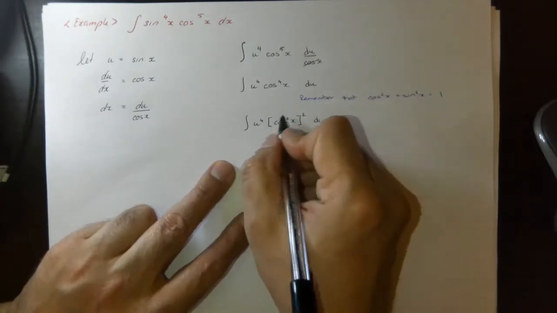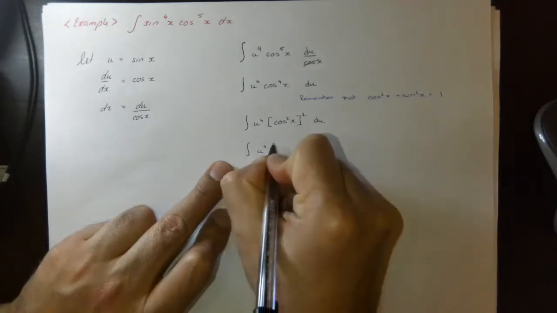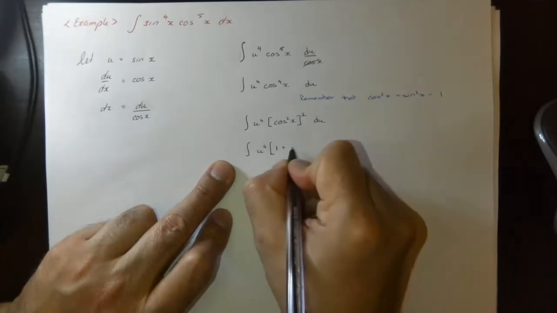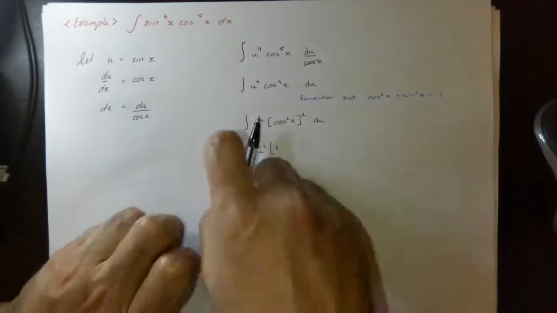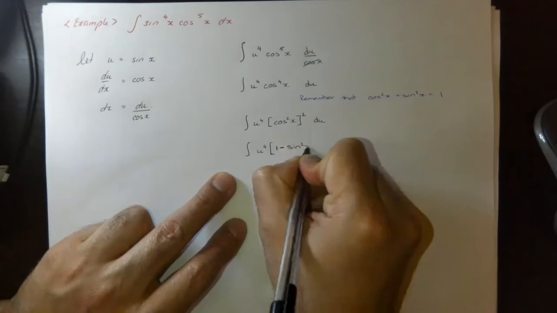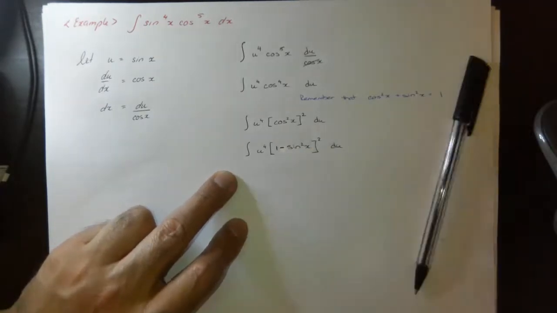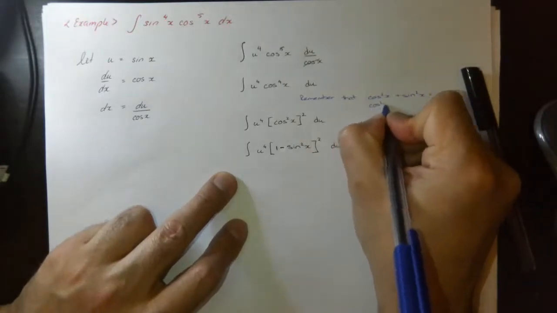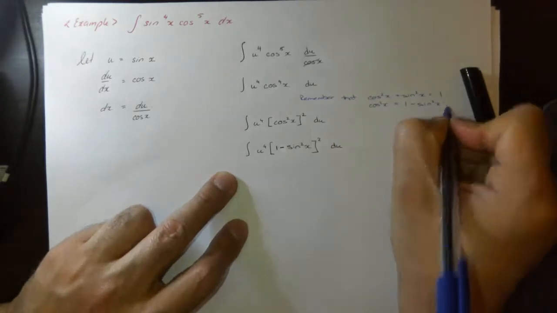Now I'm going to replace cos squared x with 1 minus sine squared x. Okay, because obviously from here we have cos squared x is equal to 1 minus sine squared x.